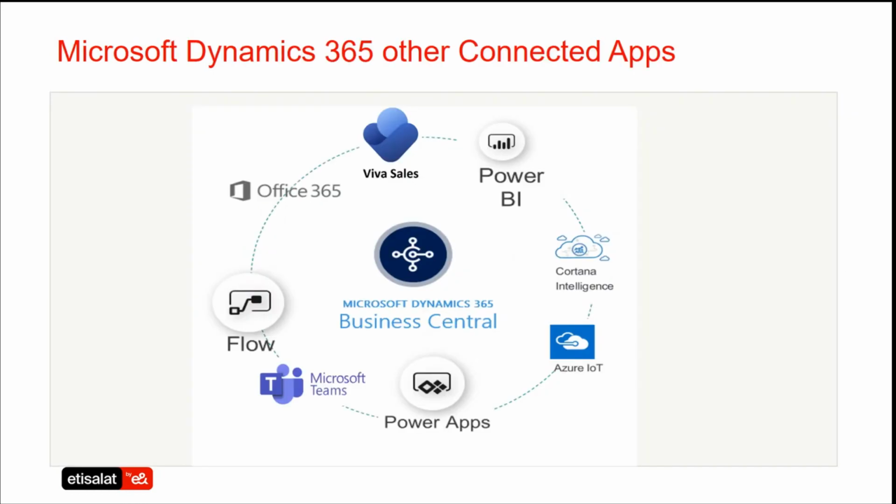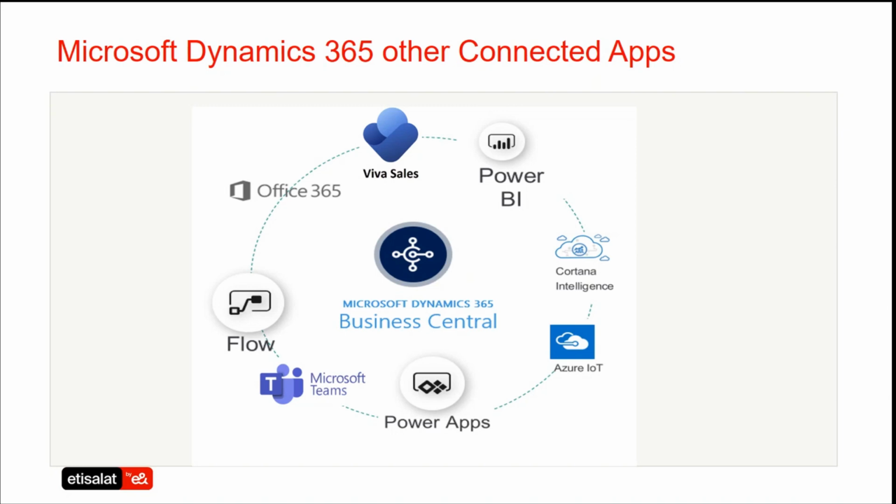Moving on, until now we spoke about the Dynamics 365 Business Central capabilities. Now we are going to see how Dynamics 365 helps in connecting with other applications. Today, most applications in the market might help you with some of the functionalities of the ERP. But with Dynamics 365, the advantage is that it helps you connect to other applications within your organization.